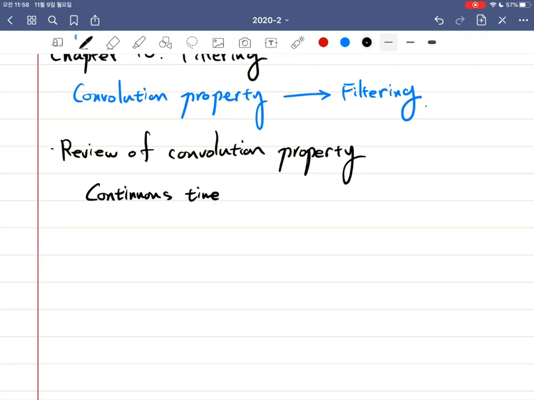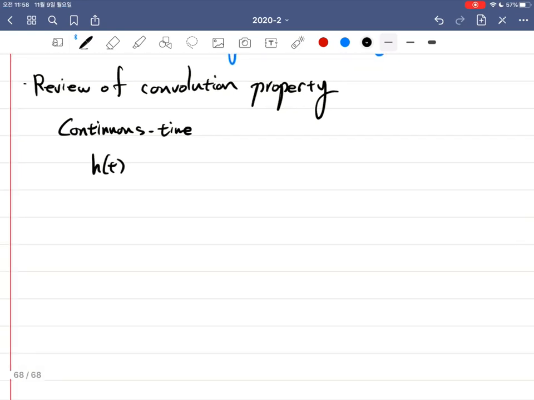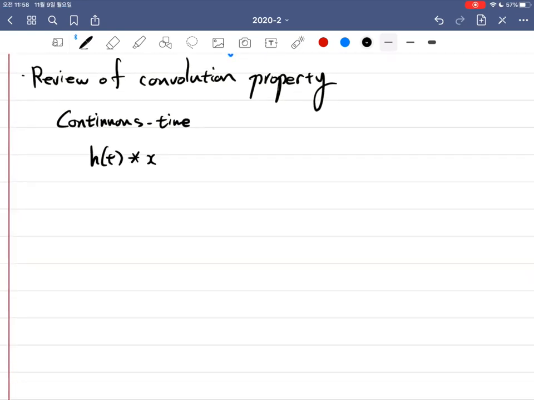There are both continuous time and discrete time cases, of course, and if you have an LTI system, then it will be represented by its impulse response, and if you do the convolution and convert the relationship into the frequency domain with the help of the Fourier transform, then you will get H of omega multiplied by X of omega.